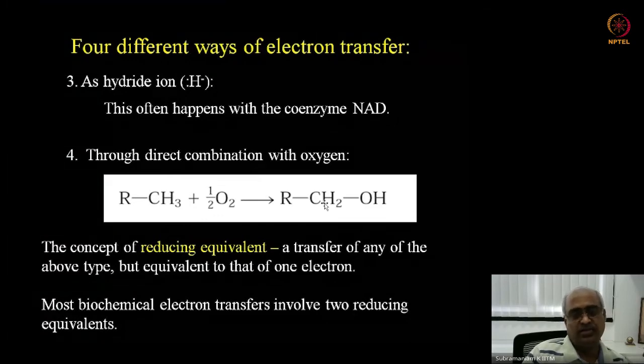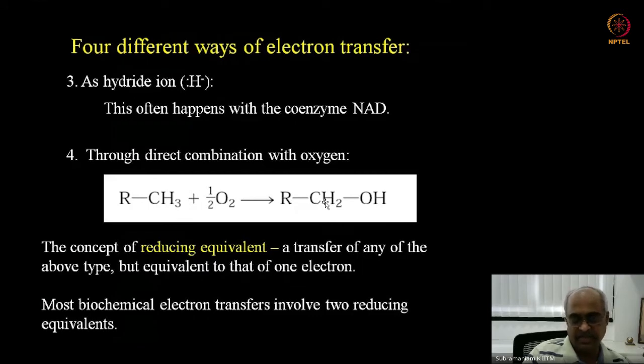So this is one way. These are the four ways: directly as electrons, as hydrogen atom, as hydride ion, and fourth by combination with oxygen. Here only the oxidation state is changed or altered without formal electron transfer.